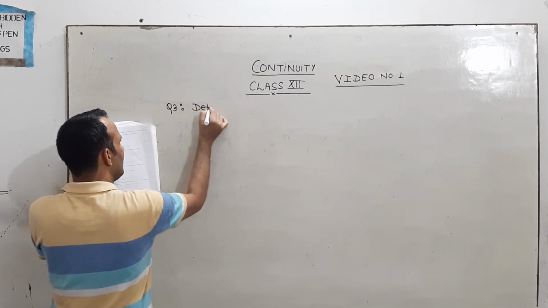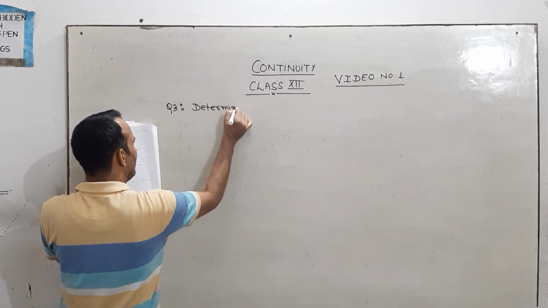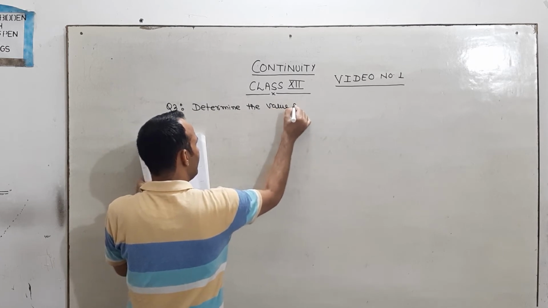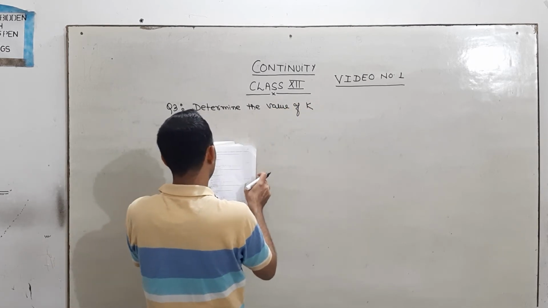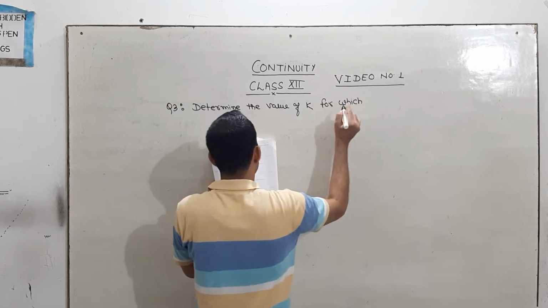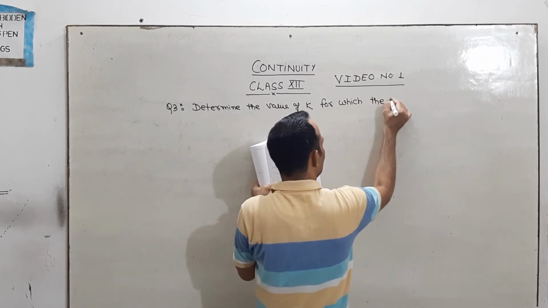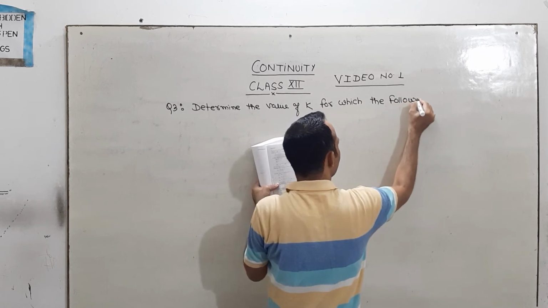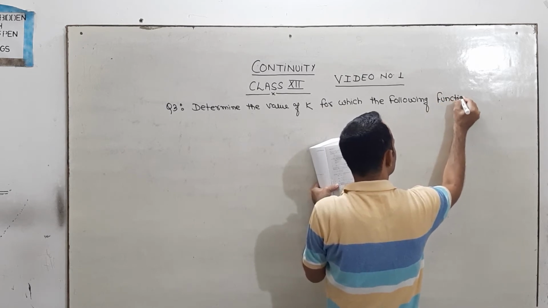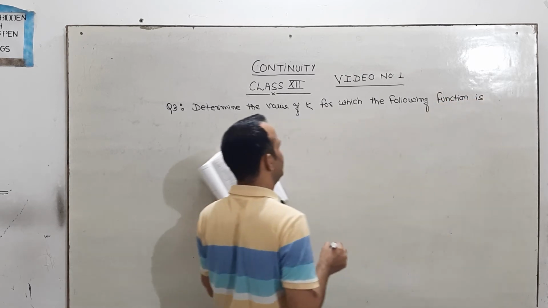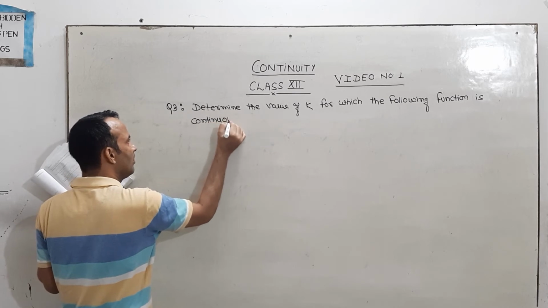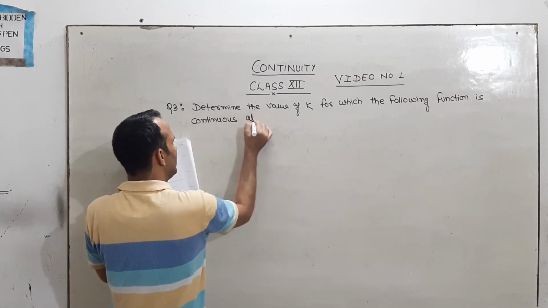Determine the value of k for which the following function is continuous at x = 3.